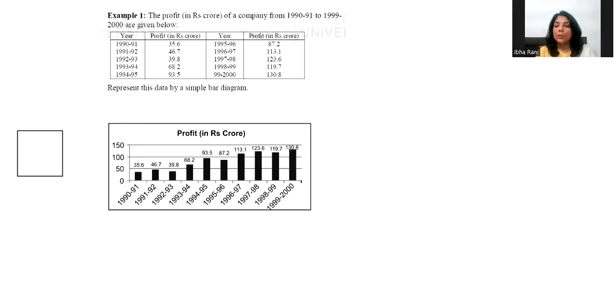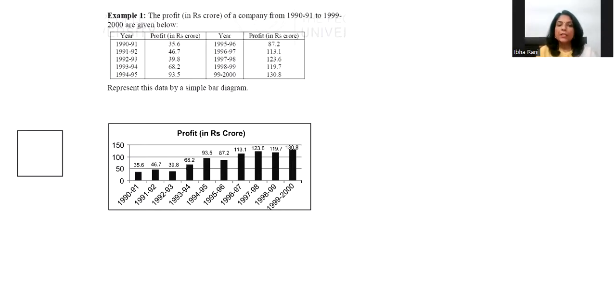That you have to mention whenever you are preparing any bar diagram, whether a simple bar diagram, multiple bar diagram or any other bar diagram. Scaling is important, and the title is important.